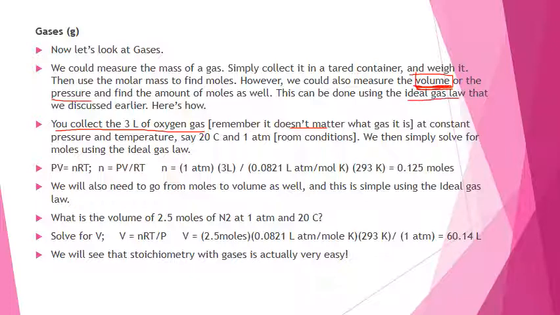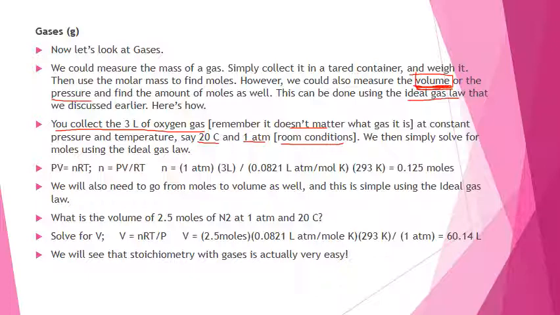So even though this says 3 liters of oxygen gas, it could be anything. The reaction is at a constant pressure, which I would say is 1 atmosphere, and the temperature is 20 degrees C. That's about 70 degrees Fahrenheit, which is room conditions.